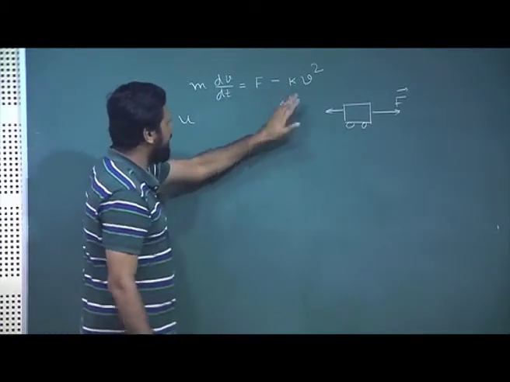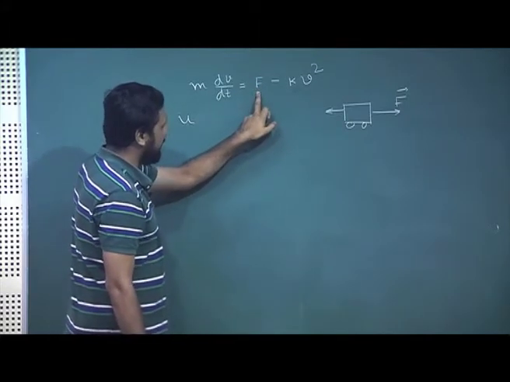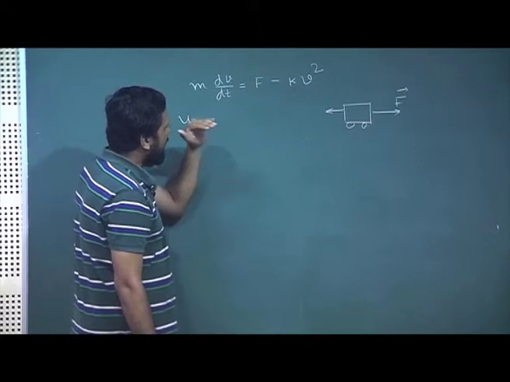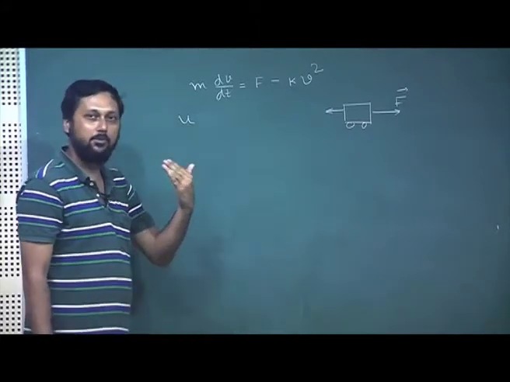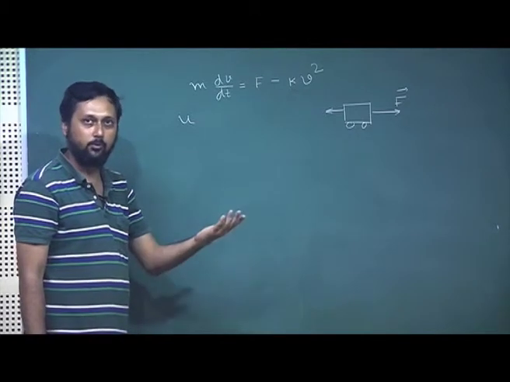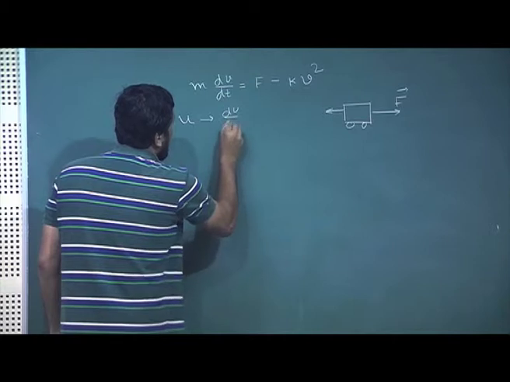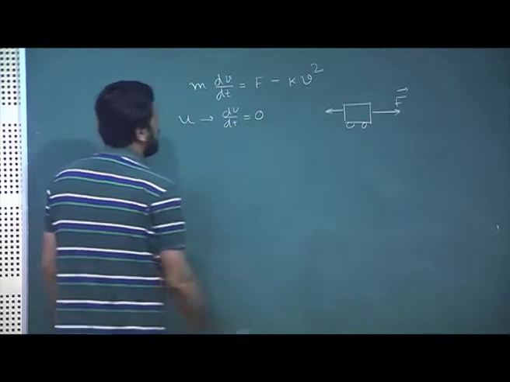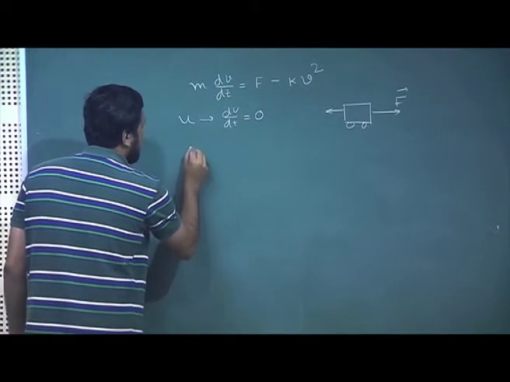So what happens is, because this force F is a constant, at some point we will reach a maximum velocity u, beyond which the car cannot move, and that u will be reached if dv/dt equals 0.